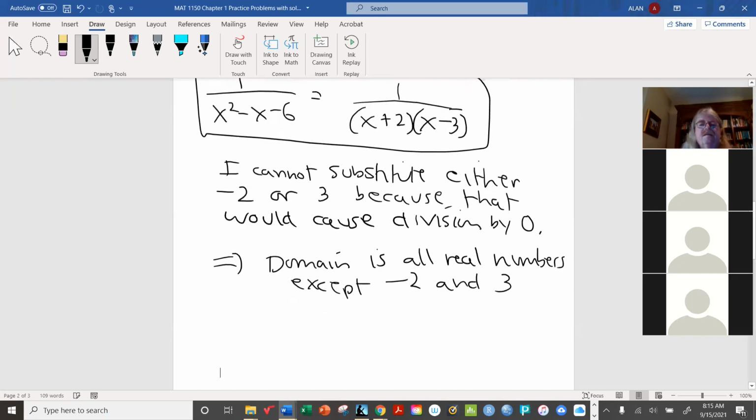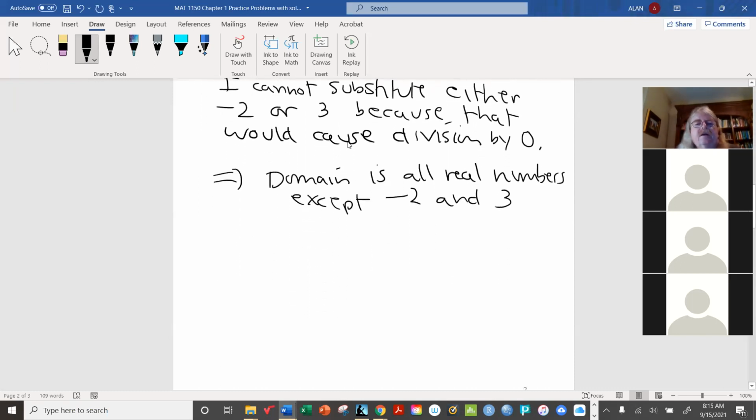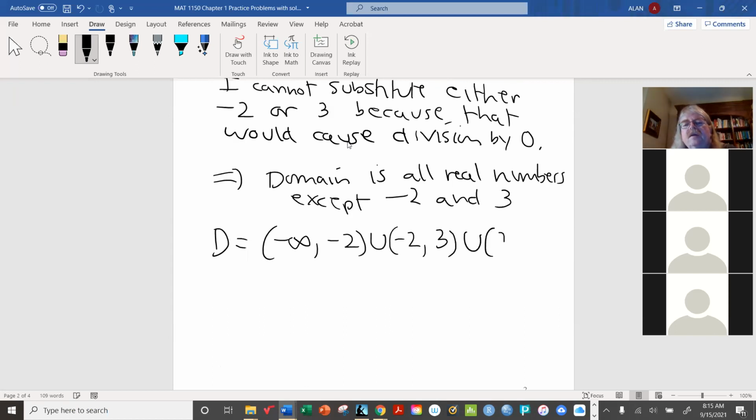In set notation, we can write that as the union of negative infinity up to, but not including, negative 2, then negative 2 to 3, which means everything in between but not including negative 2 and 3, and then from 3 up to infinity, not including 3. This is how it's formally written. It basically is designed to show you that all the reals are included except for negative 2 and 3.